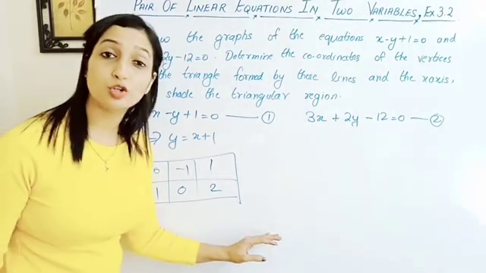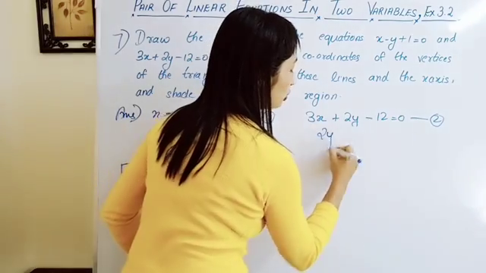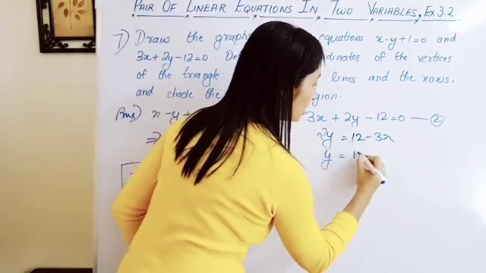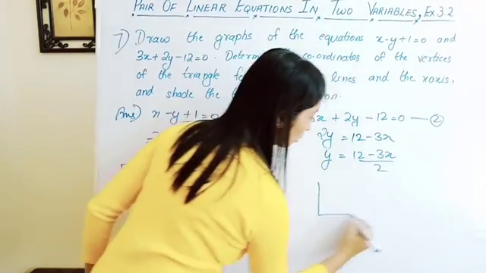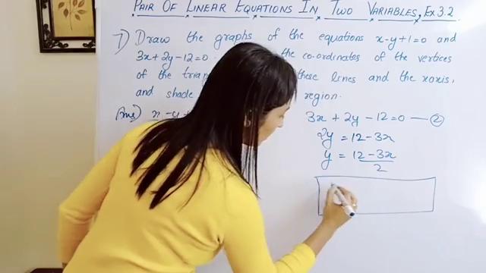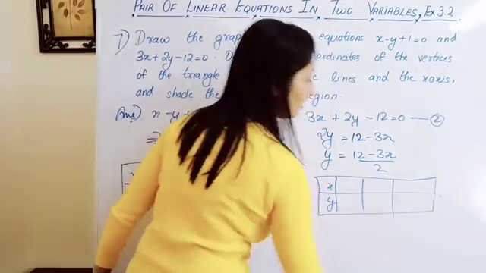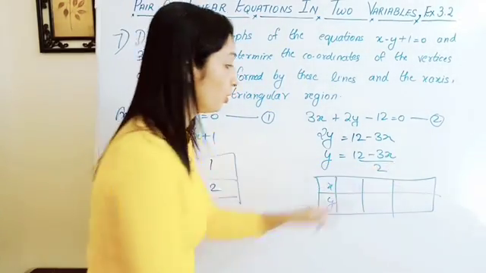Now let us find the solution set for the second equation. So this can be written as 2y is equal to 12 minus 3x, which implies y is equal to 12 minus 3x by 2. Now let's draw the solution set box and write x, y and find at least 3 values. Now when I put x as 4, what do I get?